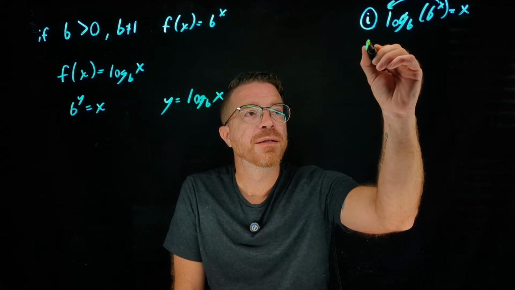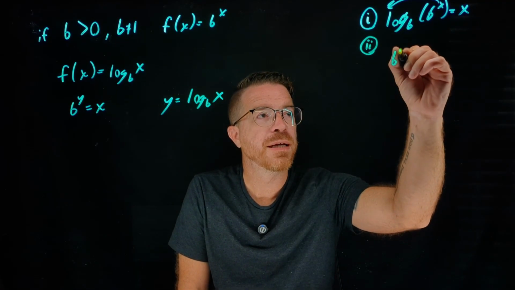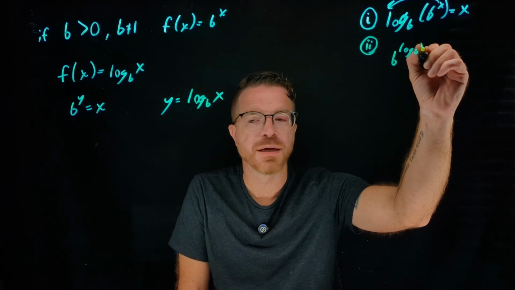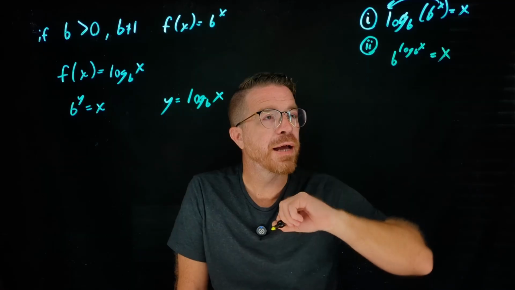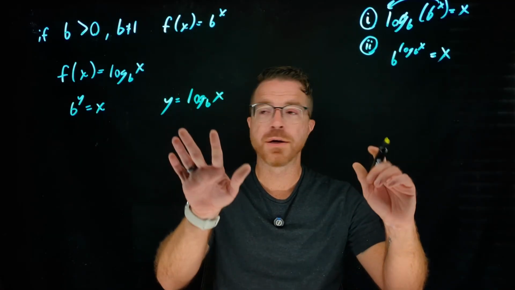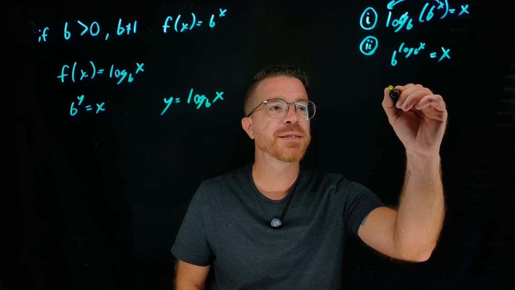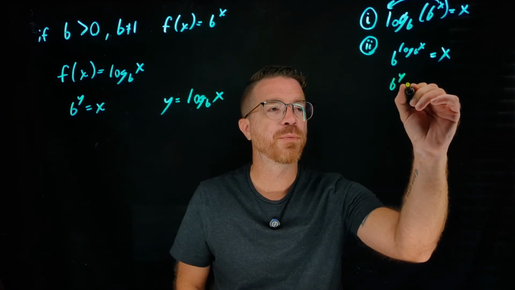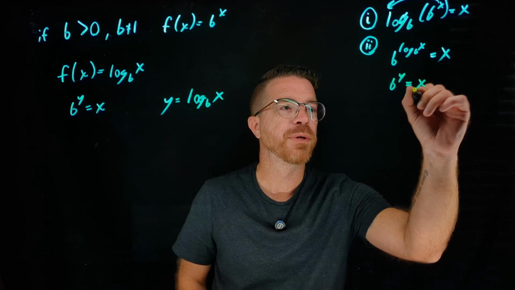The second law is that if I have b to the log base b of x, this is going to be equal to x. This is actually using these rules here. So if I have that y is equal to log base b of x, this is the same thing as saying b to the y equals x.